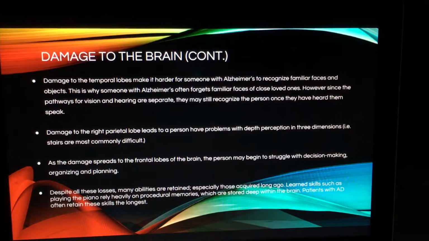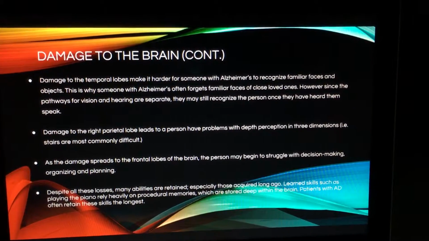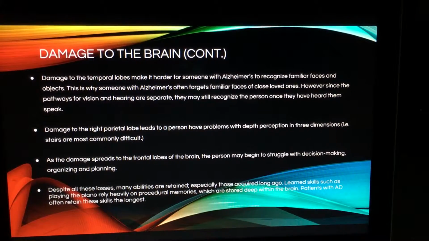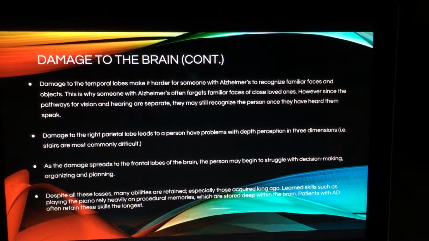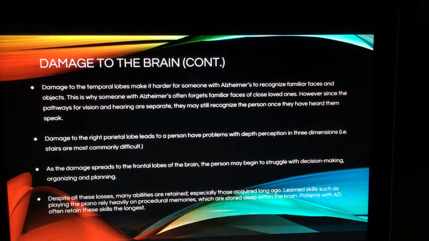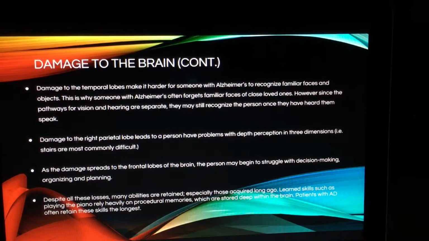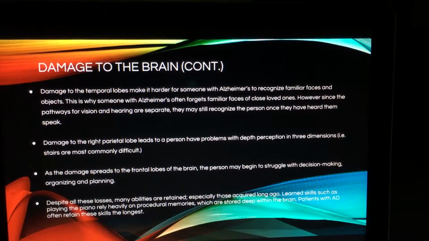Those are a very common difficulty with people with Alzheimer's. As the damage spreads to the frontal lobe of the brain, the person may begin to struggle with decision-making, organizing, and planning. Despite all these losses, though, many abilities are retained, especially those acquired long ago. Patients often remember skills like playing piano because those memories are retained the longest.